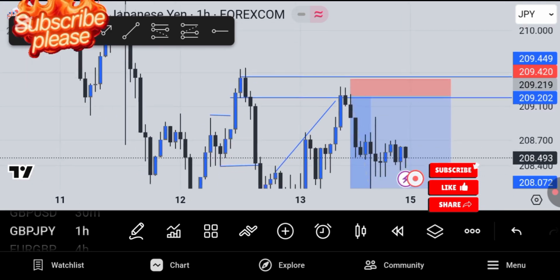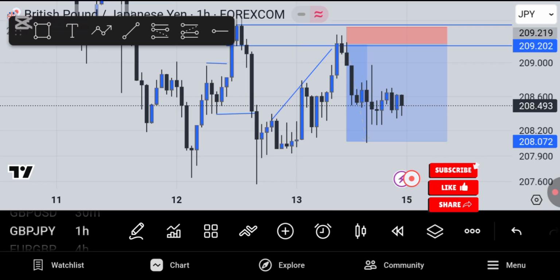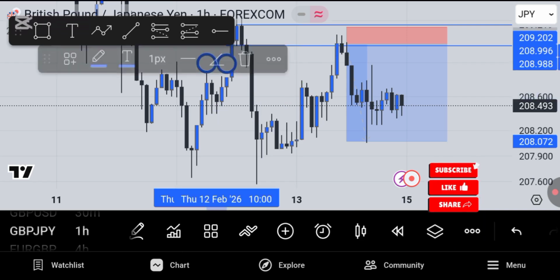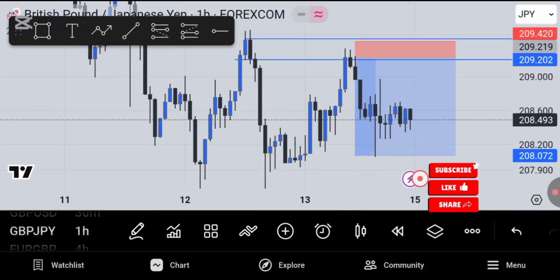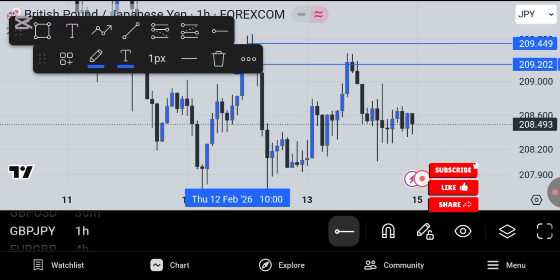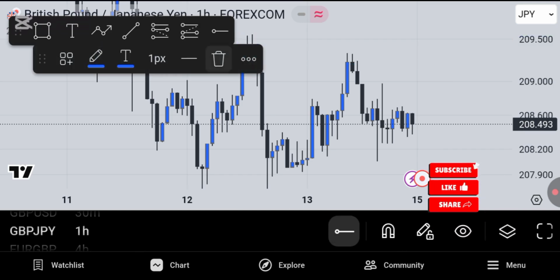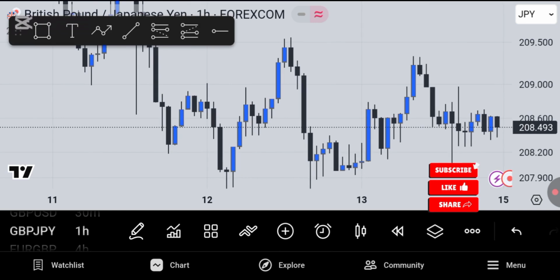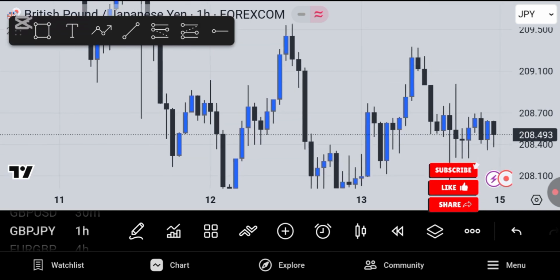Now let me clear the chart also on GBP JPY and explain how I got those nice perfect entries, these sniper entries, like most of you will call it. So now this is the high probability point of interest. Why?